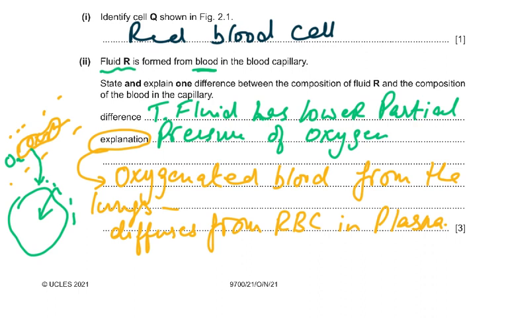Don't say the word move. Move should not be used at all in biology. We should just say diffused. So tissue fluid has lower partial pressure of oxygen. So oxygenated blood from the lungs is coming, and in the red blood cell, we've got the oxyhemoglobin. So please understand this point as well, which you could have also given. There are a number of points which you could have given, and there are many alternative mark schemes for this.